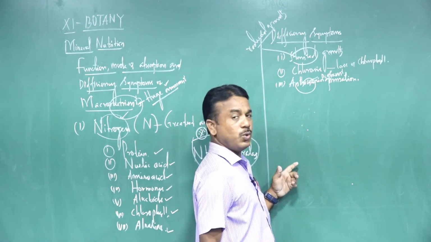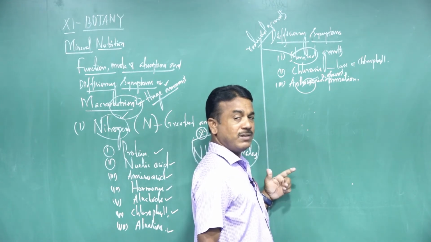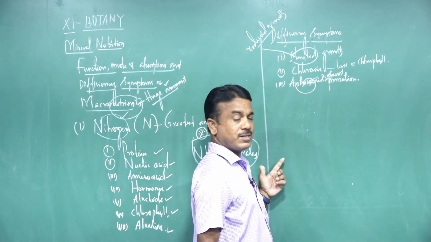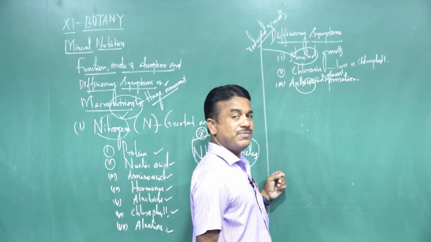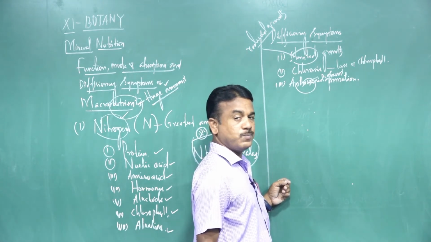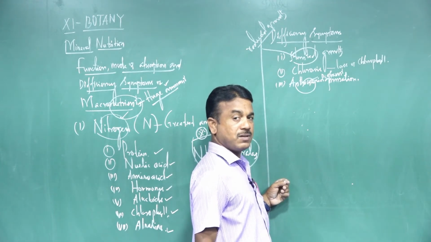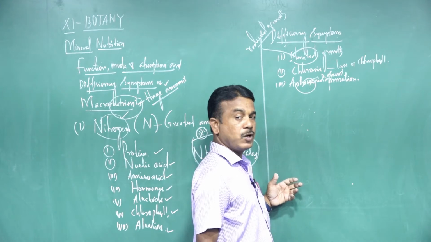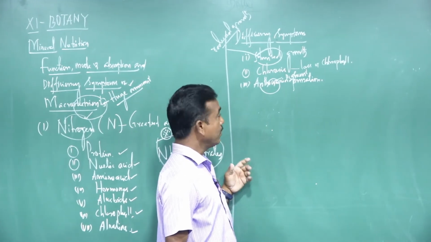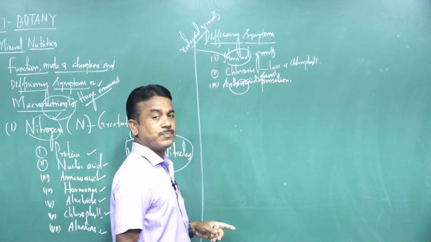If the leaves, usually green, turn another color, it means loss of chlorophyll. If chlorophyll is lost, the leaves cannot perform photosynthesis, and the plant cannot prepare the required amount of food. That is why anthocyanin pigment forms.